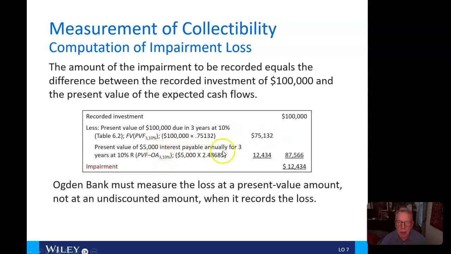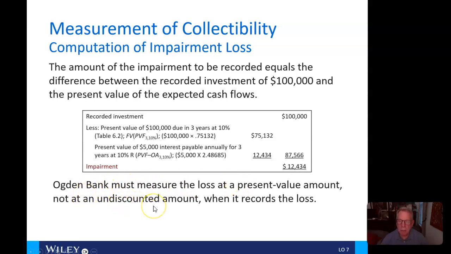And now the interest payable for 3 years, I'm going to use a factor here. I think that's table 6.4. I can't remember. In any event, if I had the book open, I could see it. And away we would go with 12,434. So we're going to expect, in present value terms, to receive 87,566. So we're impaired to the tune of 12,434, not the full 15,000.